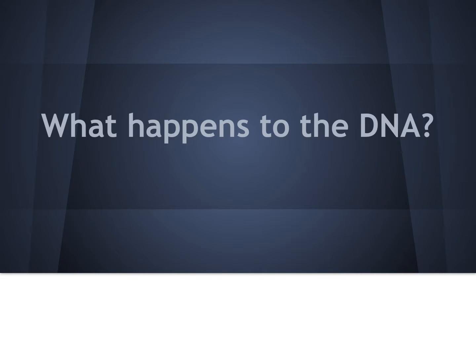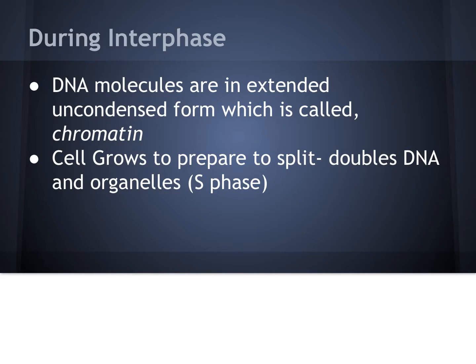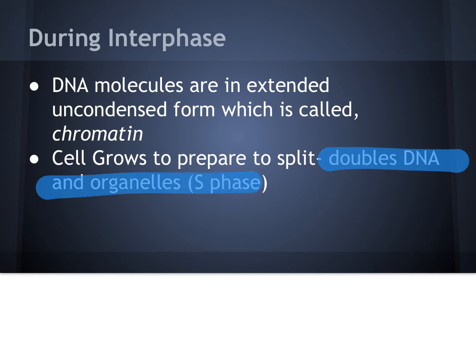Okay, so DNA, what happens to it? So during that interphase part, which I mentioned, in between those 2 growth phases, that S phase, that's when we are going to double our DNA and the organelles. Okay, so we have to make double if we're going to split the cell in half and for both cells to have all of it.